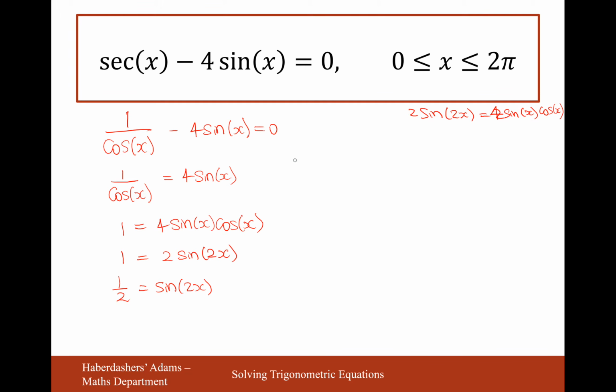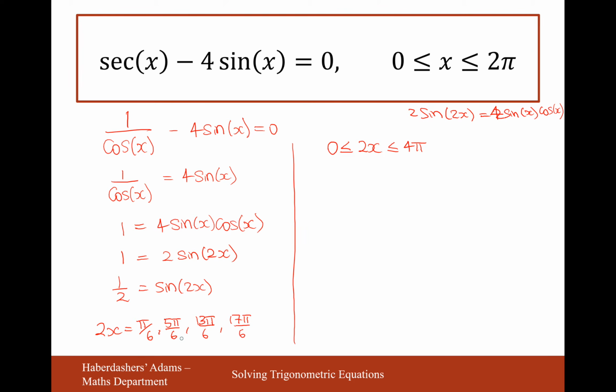So how do I solve these types of equations? Well, I need to first double the angle that I'm working with, because it's a sine 2x on the angle there. And then inverse the sine. So 2x is going to equal, between 0 to 4 pi, it's going to be pi by 6, 5 pi by 6, then add on 2 pi to that, so that would be 13 pi by 6, and 17 pi by 6.